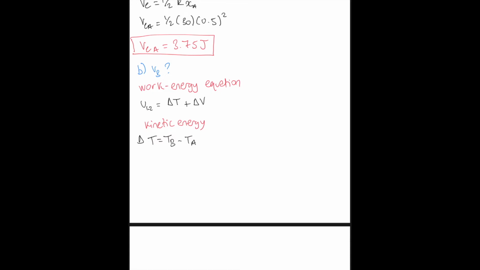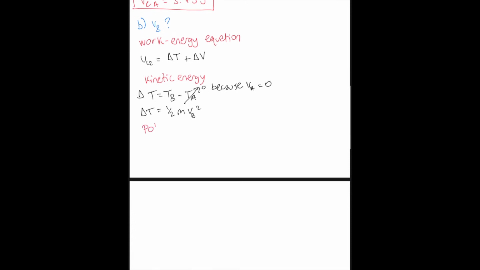And since VA is equal to 0, then the kinetic energy at A is also 0. Therefore, delta T is only the kinetic energy at B, which is half m vB squared.